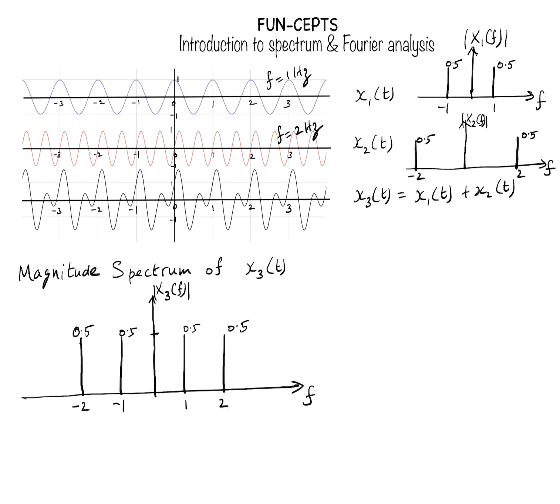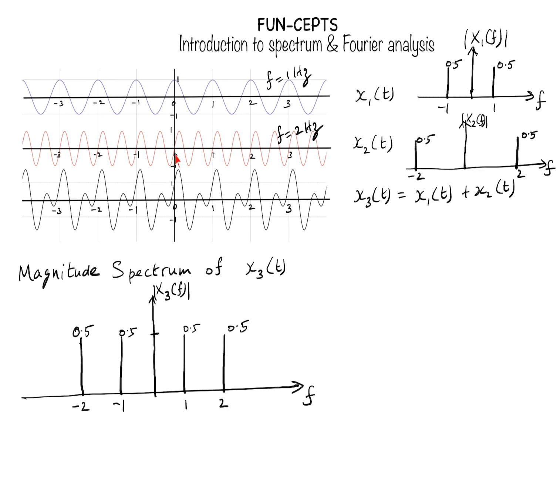So we have to provide that missing information, that this is not the cosine but a sine, and that missing information is provided by the phase spectrum. So the magnitude spectrum gives only part of the information in the frequency domain about the signal. The rest of the information is contained in the phase spectrum.